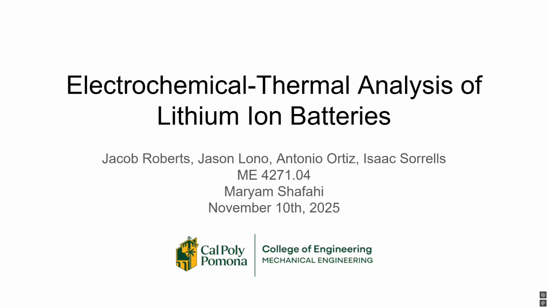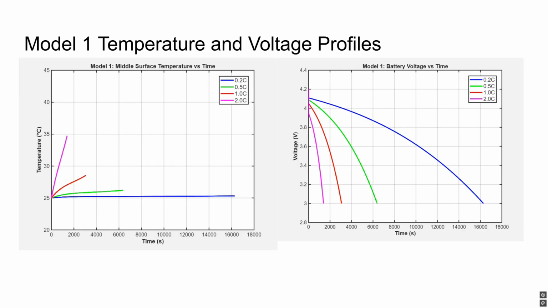And in the next slide, I have started with the first model, and so far, I've gathered the temperature and voltage profiles after a period of time. And as we can see, based off the temperature profiles, a greater temperature is reached for greater discharge rates.